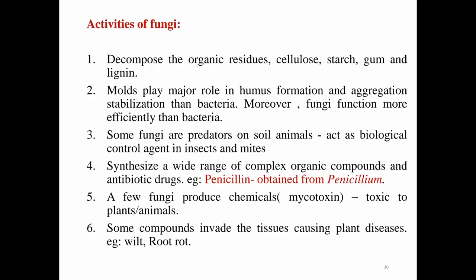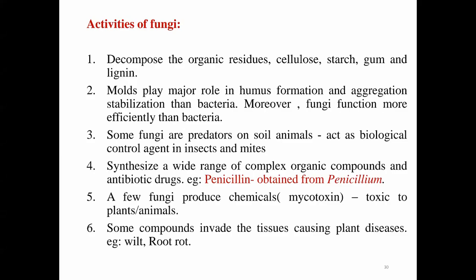Third one, some fungi are predators on soil animals. They act as biological control agents of insects and mites. Fourth, they synthesize a wide range of complex organic compounds and antibiotic drugs. Example, penicillin is obtained from Penicillium. Fifth one, a few fungi produce chemicals, mycotoxins, which are toxic to plants and animals.